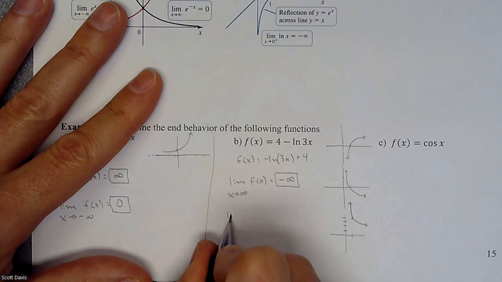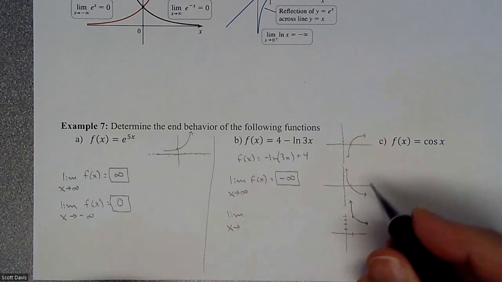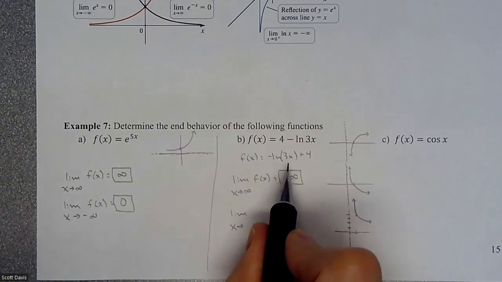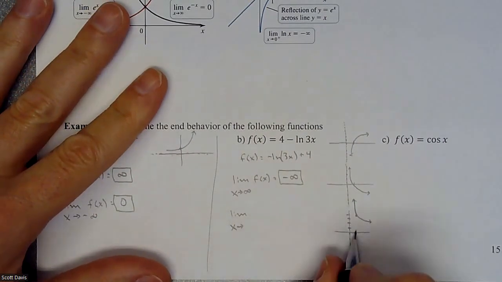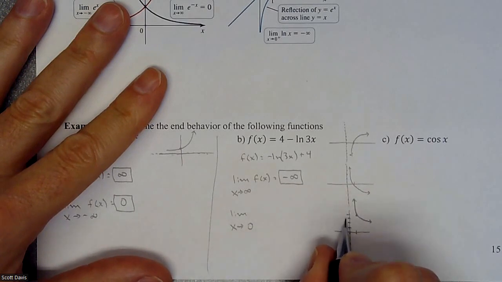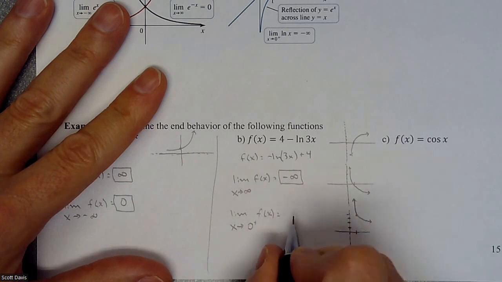And then the other side, the limit as x approaches negative infinity, we don't have the option. We have an asymptote. We have a domain issue. You can't log a negative value. And so we can't go to negative infinity, but we can go to 0 from the right. There is no 0 from the left. So 0 from the right of that function, which is going up forever. So positive infinity.